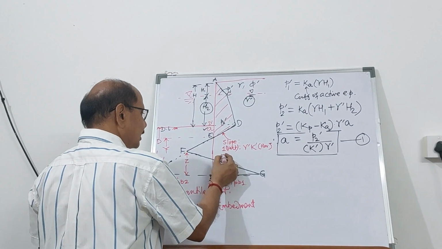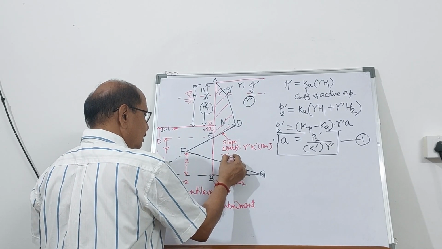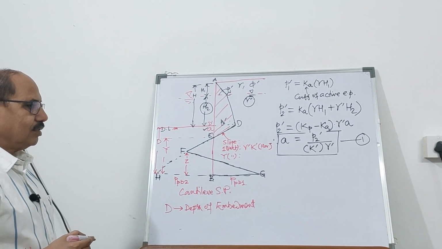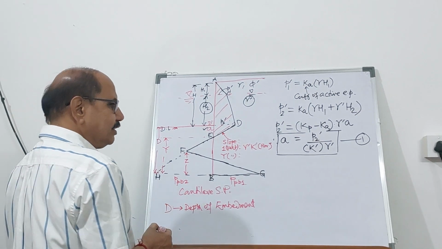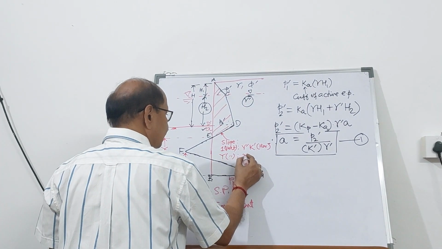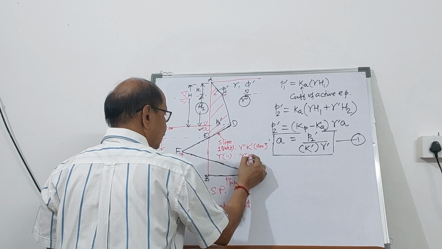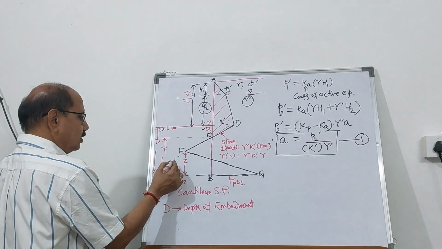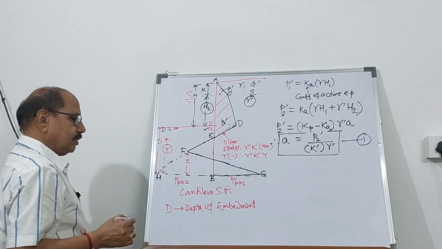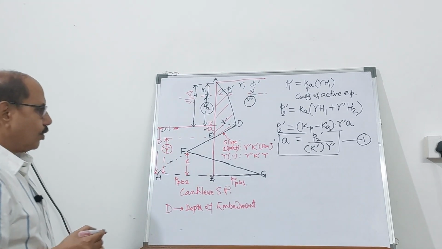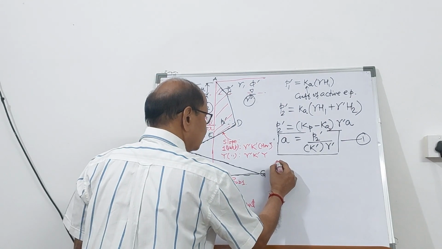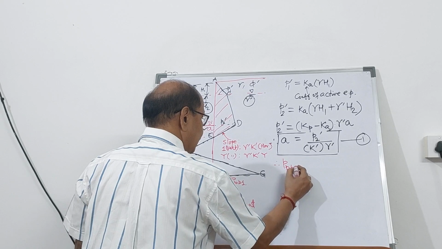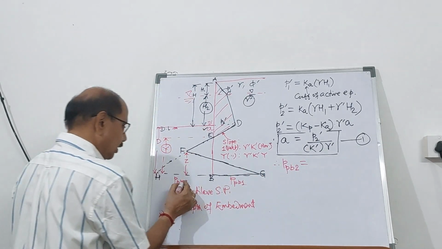So for y vertical, the horizontal can be found out quite easily as gamma prime K prime into this distance y. So therefore, we can say PP B2, this one.